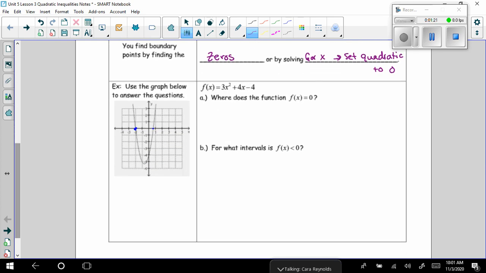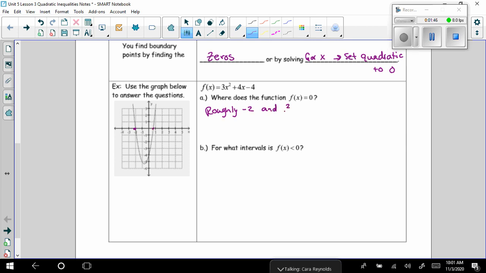So looking at what I mean by that. We have a function here, 3x squared plus 4x minus 4. The first thing you need to do is identify where the function is equal to 0. So what are the x-intercepts? We have one here at -2, and at about 2/3.